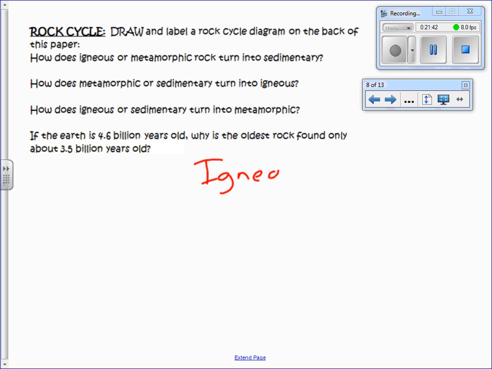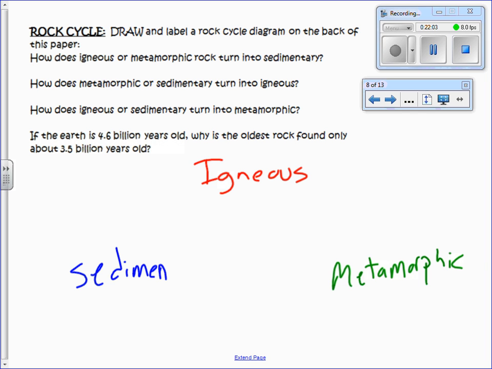So we've got the three rock types, igneous, and we'll do metamorphic, and sedimentary. And then we're going to talk about how each one can change or break down or turn into one of the other types.